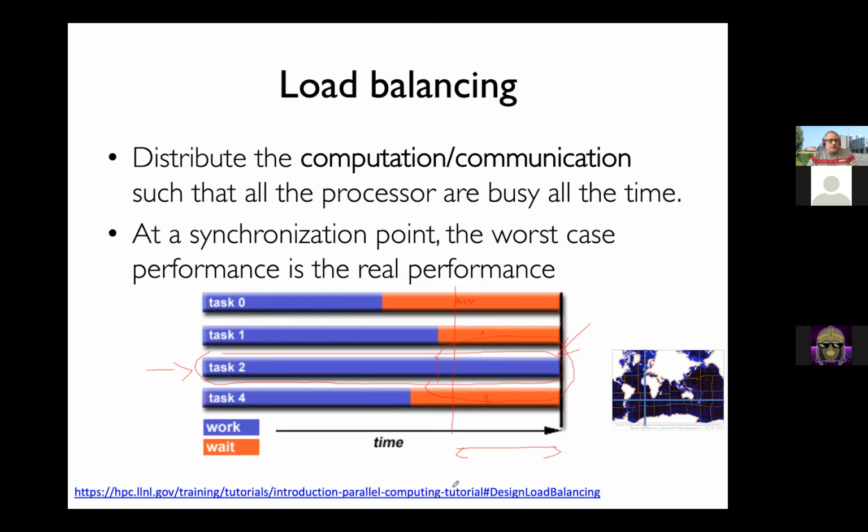So load balancing is very important in parallel programming. Make sure that the tasks have exactly the same amount of work to do. This is not always obvious. Sometimes it's easy to reach, and sometimes you need a somewhat sophisticated approach to get to this situation.